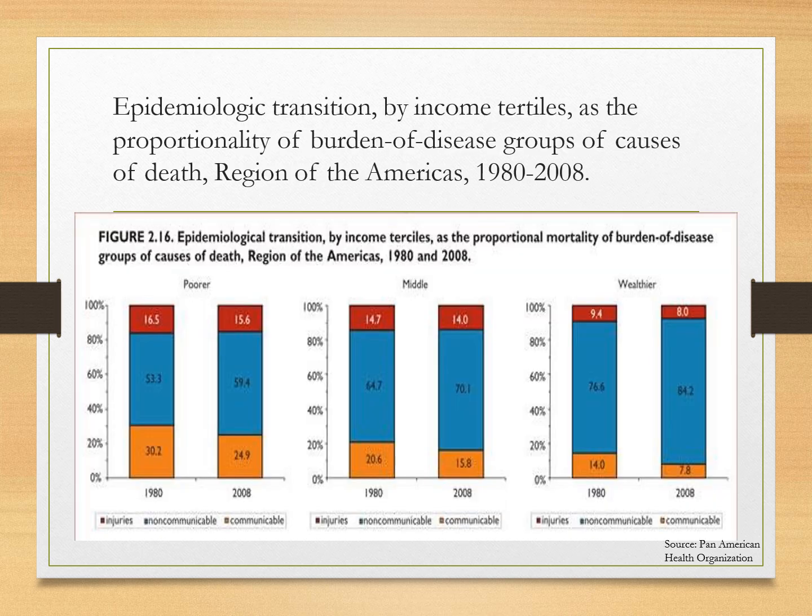Here we observe the proportional mortality ratios across different regions in the Americas. The proportional mortality burden of injuries, communicable diseases or infectious diseases, and non-communicable diseases or chronic diseases has shifted over time for poorer, middle income, and wealthier countries between 1980 and 2008.